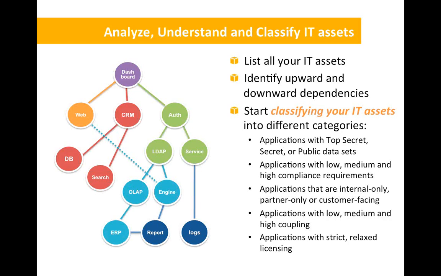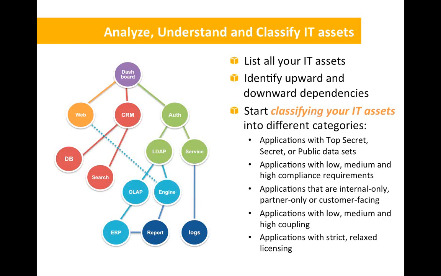For example, applications with top secret or public data sets, as well as applications with low, medium, and high compliance requirements. You can also classify applications by internal only, partner only, or customer facing. That's another way. And when you talk about the coupling between applications, it's often useful to classify applications between low, medium, and high coupling, let's say. Of course, you have to define a good metric for that as well.